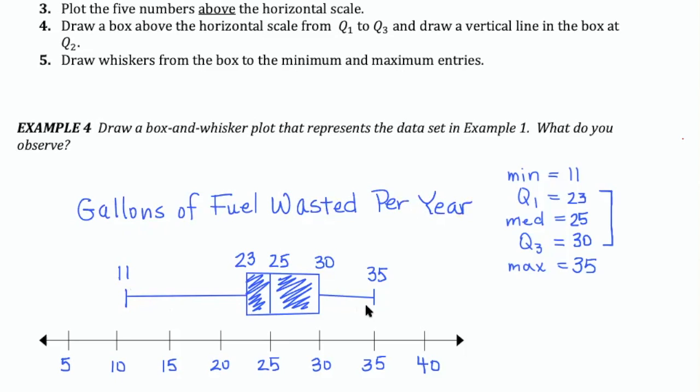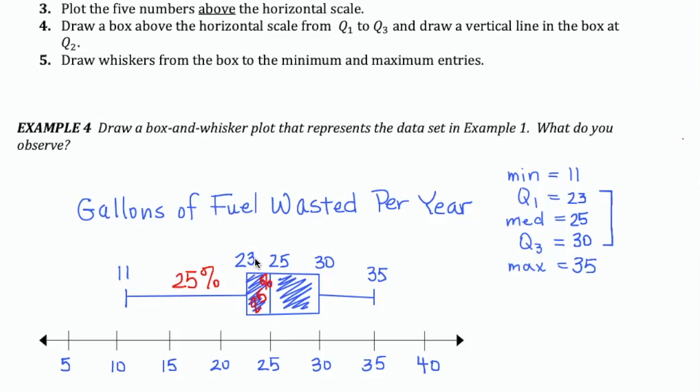This is a nice graph because, again, you get a sense of the whole range of the data. And in addition, because these are quartiles, because we have divided the data up into 4 sections, I know that I have 25% of my data in each section. So 25% of my data is between 11 and 23. I have another 25% in the first section of the box.